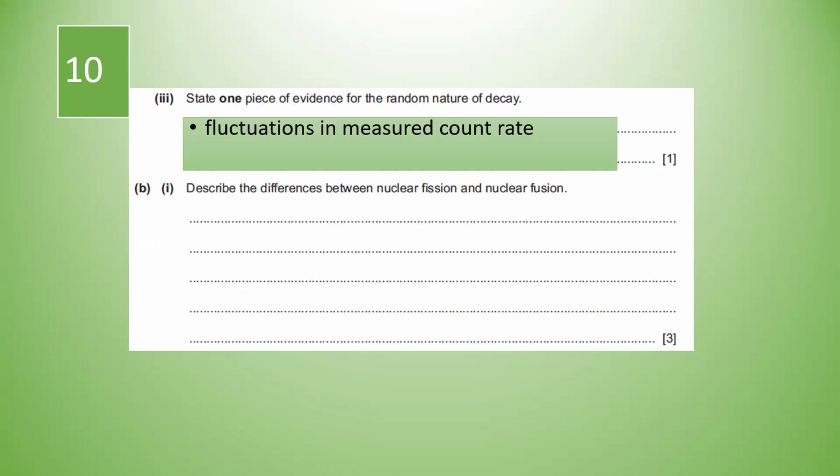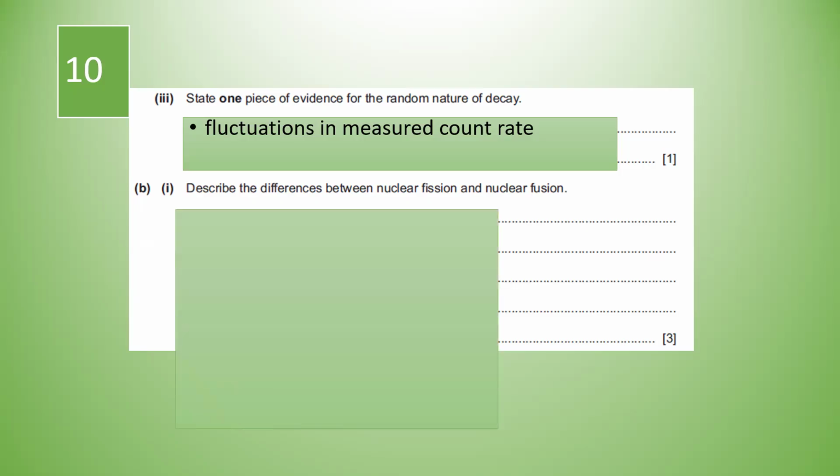Describe the difference. Oh, okay. Fission, fusion is like... I'll go fission first. Fission is splitting, nuclear splitting into two or more smaller nuclei, whereas fusion is joining together to form one large nucleus.